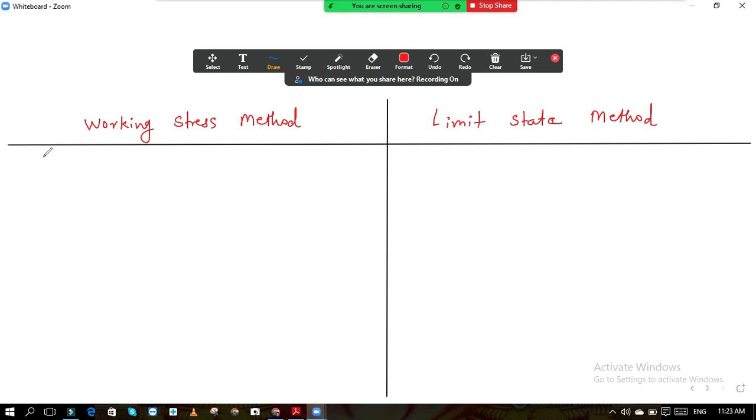First point: the working stress method, WSM, is an elastic design method.